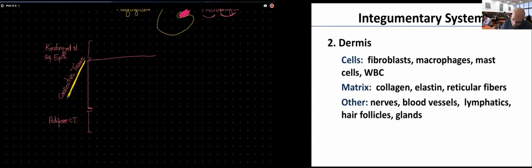Yes, first layer. What is the first layer? If I have a layer on here, what is the type of connective tissue that will be located just beneath the epithelium? Below epithelium, we've got areolar connective tissue.